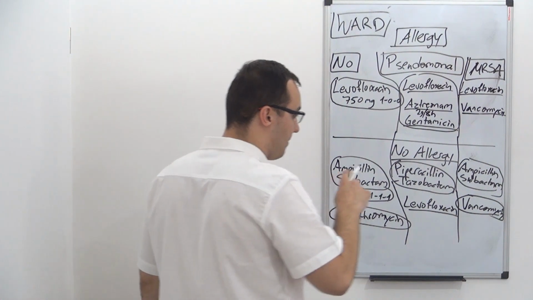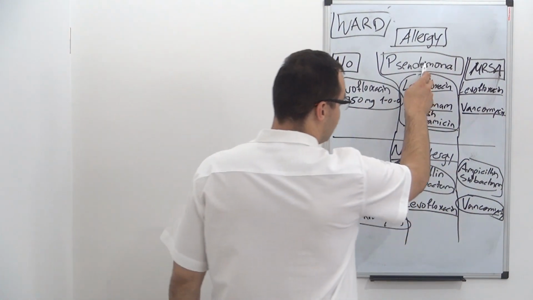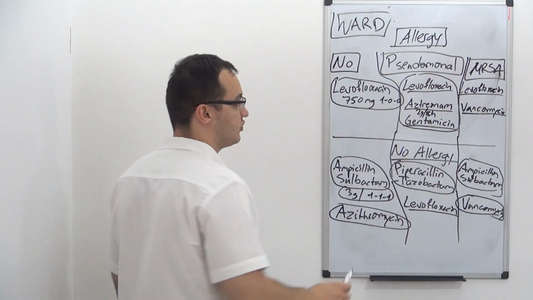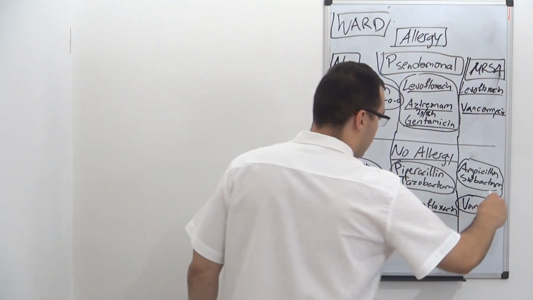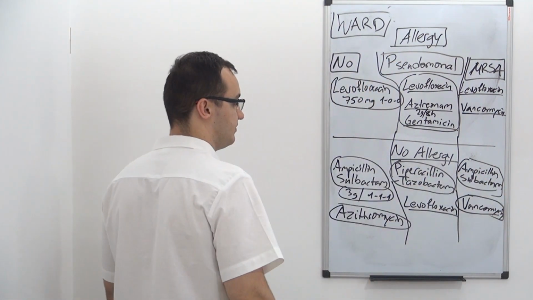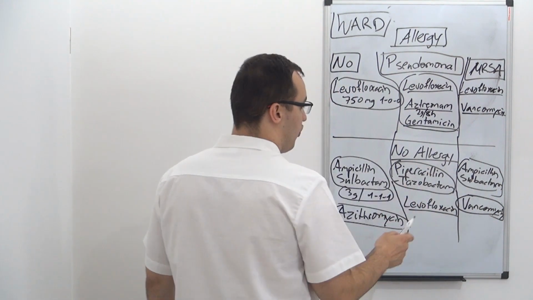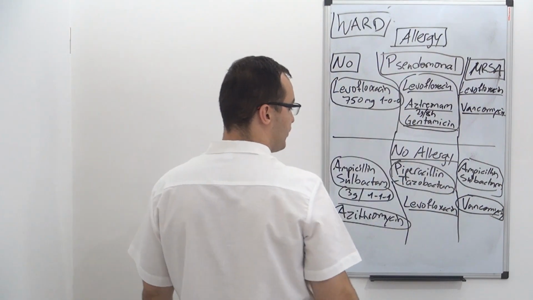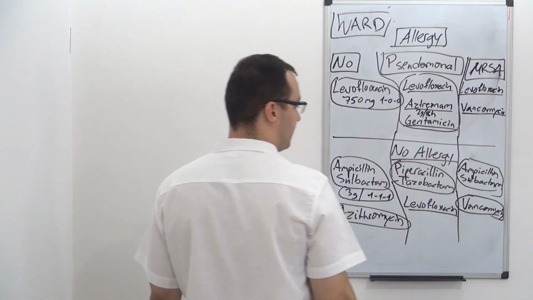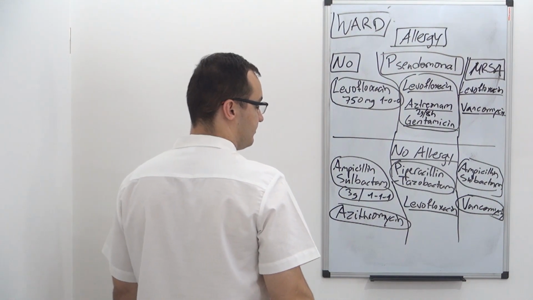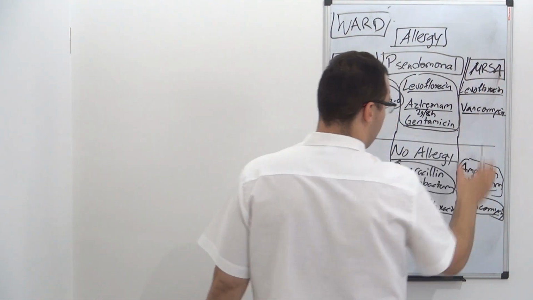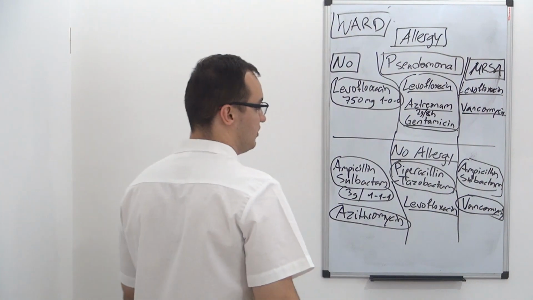Now, if we want to combine Pseudomonal MRSA risk factors, as we did above, then we just combine all this again. And in this way, we have to attack the Pseudomonal, and we will do that with the piperacillin tazobactam. And we have to attack the MRSA, which we'll do with the vancomycin.